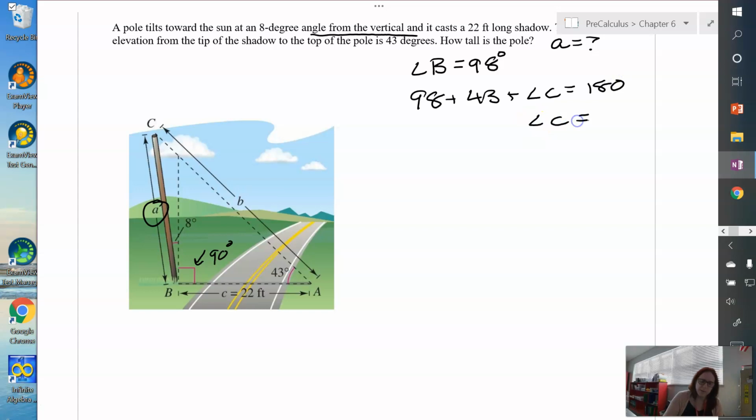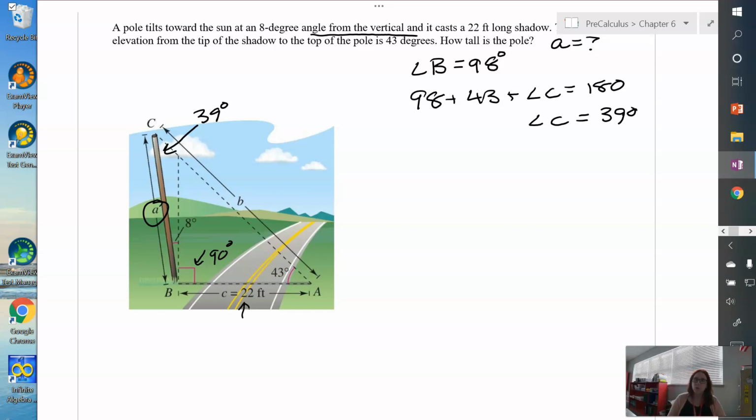So angle C equals 180 minus 98 minus 43. I get 39. So this angle up in here is 39 degrees. And I need that angle because the only side I'm given is little c. And I have to have an angle opposite side pair. So I can't do anything until I have angle C.